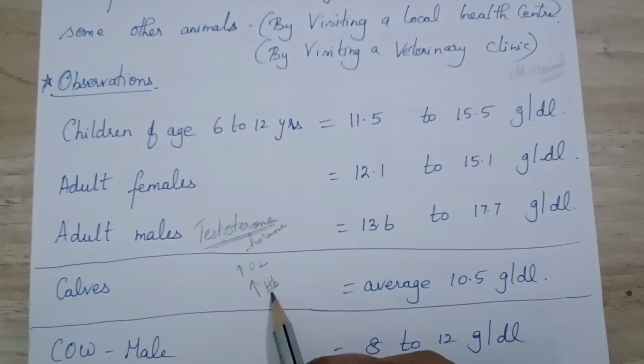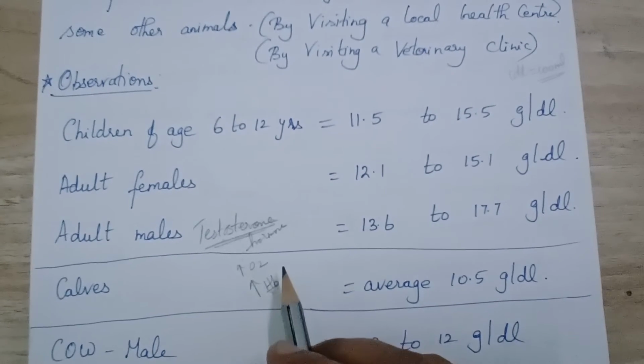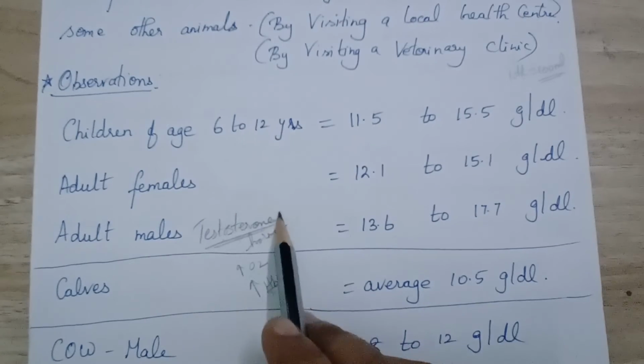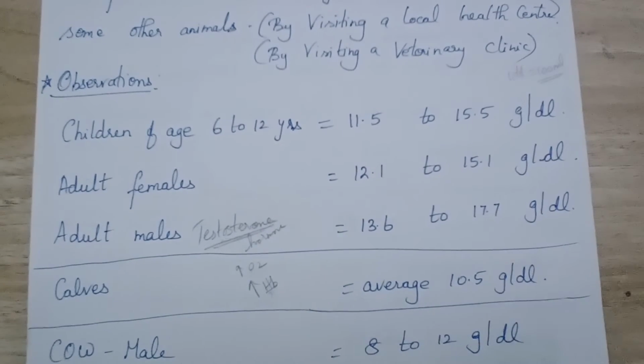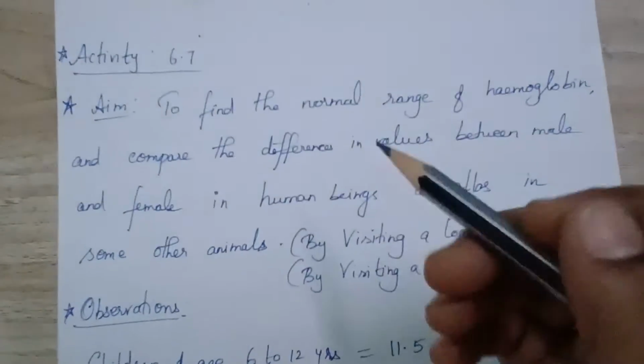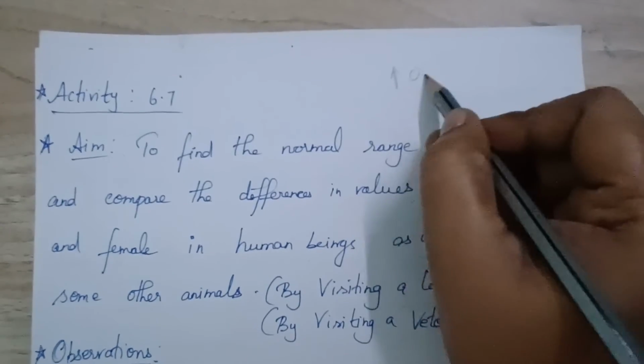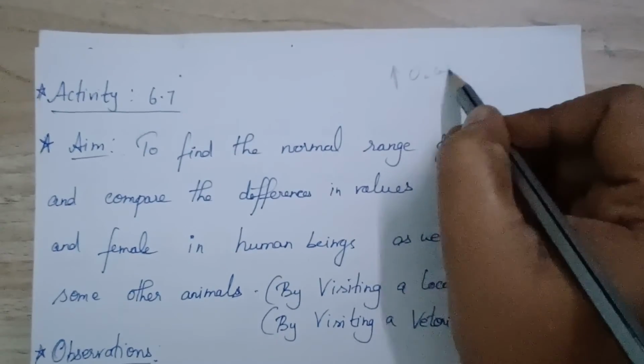If you need more oxygen, hemoglobin should be higher. Hb is the representation of hemoglobin. Because of this testosterone present in the male adult, they need more oxygen, which in turn means they need more hemoglobin. Likewise, it differs based on the environmental condition. If you go higher and higher, the oxygen concentration is less.